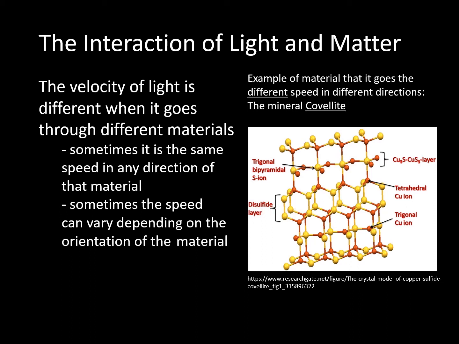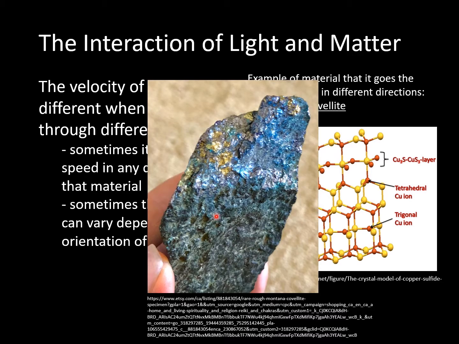Because the different angles you impact the light on are interacting with different parts of the molecules, it's going to have a different reaction. And this is the mineral covellite in hand sample because I couldn't fit it on the slide earlier.